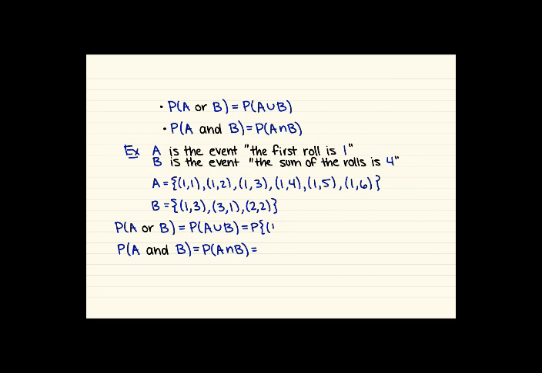So we've got (1,1), (1,2), (1,3), (1,4), (1,5), (1,6). We've already got (1,3) listed, and we're adding on (3,1) and (2,2).